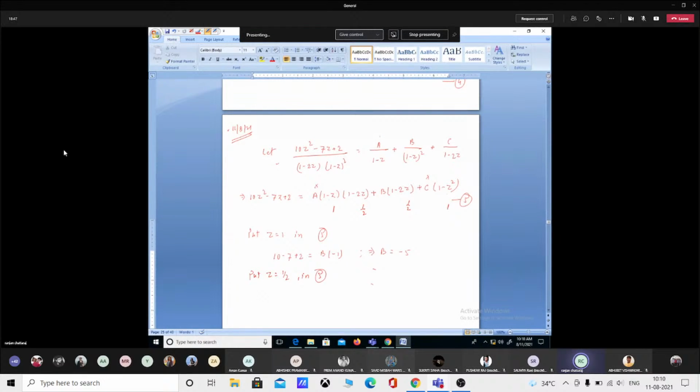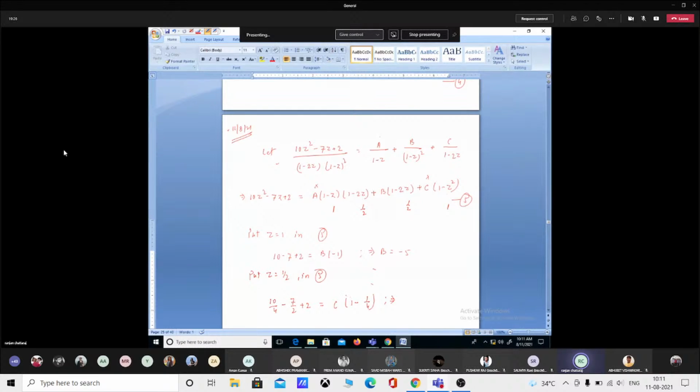So how much are you getting? 10 by 4 minus 7 by 2 plus 2, and on this side you will get b, this becomes 0, this becomes 0, you will get c into 1 minus 1 by 4. So what is the value of c?